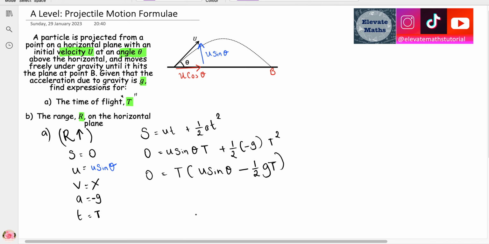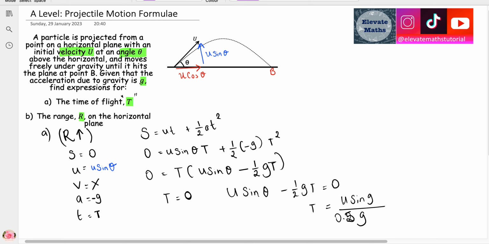If it equals 0, what you're going to say is t equals 0, or that bracket equals 0. So t equals 0, or u sin theta minus half gt equals 0, which means t equals, take that to the other side and simplify it. You're going to end up with u sin theta divided by, so a half, 1 over 2, let's put that as 0.5g.